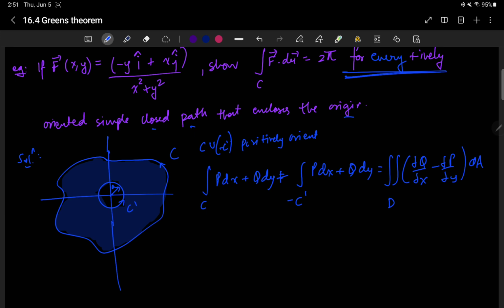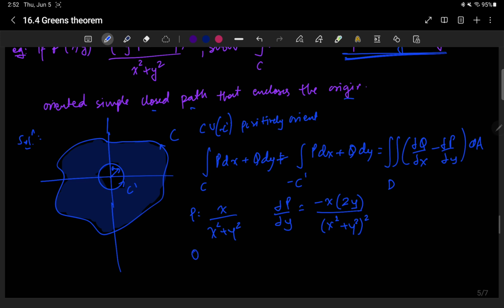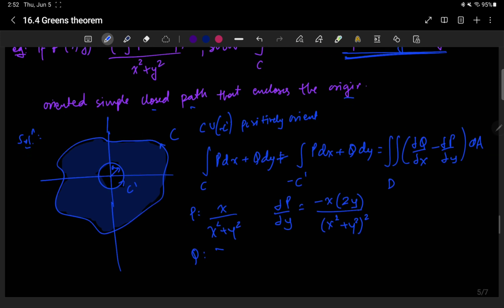P is y over x squared plus y squared, right? So del P over del y, we're going to have to use the quotient rule. We get x squared plus y squared whole squared. Derivative of the top with respect to y is 0, so it's just derivative of the bottom, which is 2y, and Q, which is negative y over x squared plus y squared.